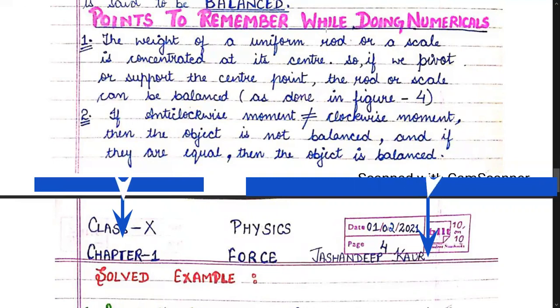So a scale of 15 centimeter will have the weight acting at 7.5 centimeter, and a 30 centimeter scale will have the point of weight at 15 centimeter. And from that point, you show the direction of weight acting downward.